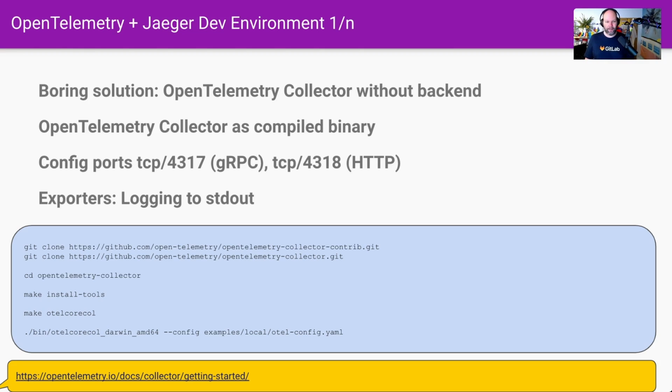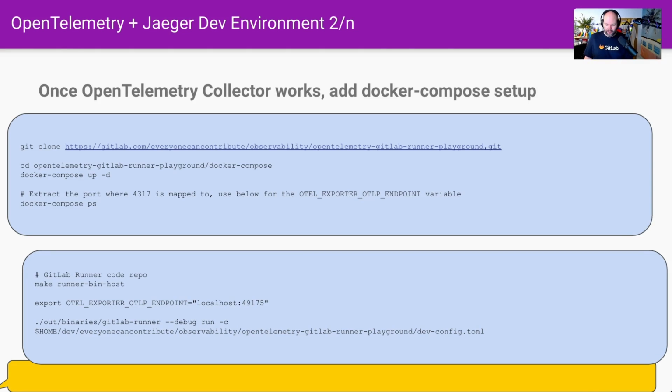And in a second step, we can add the backend. So it's basically focusing on making it work on one side, and then later on adding a backend and the front end and so on. So I created my own Docker Compose setup and exported the required variable for the GitLab runner, ran it with the custom configuration, and watched things being done.